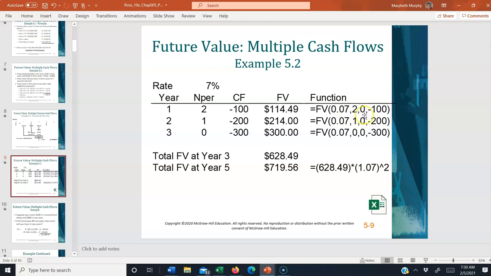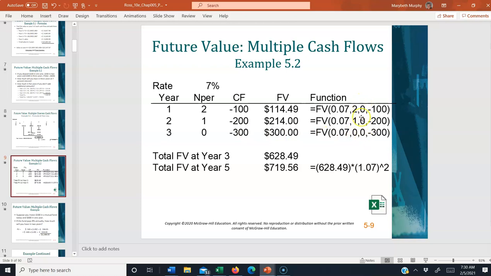The next is the number of years worth of interest that you're getting. If you deposit the money at the end of year 1, you're going to get interest in year 2 and year 3. So that's 2 years. If you deposit the money at the end of year 2, you're going to get 1 year's worth of interest. If you deposit the money in year 3, you're not going to get any interest at the end of year 3.